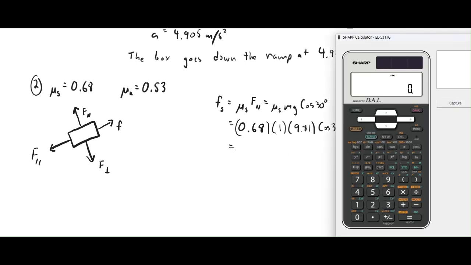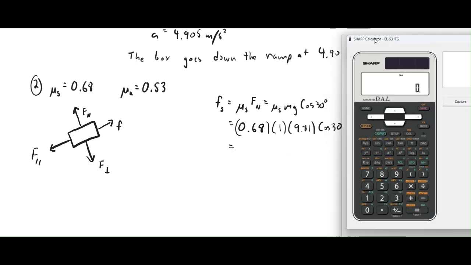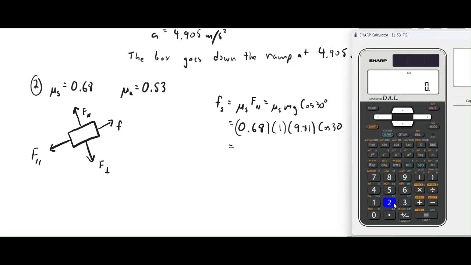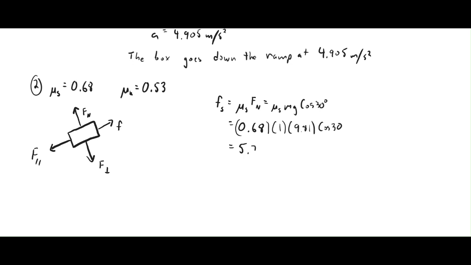Okay. So just pulling up this calculator I downloaded that I can use online here. We've got 0.68 times 1 times 9.81 times cosine 30. And that works out to be 5.777.